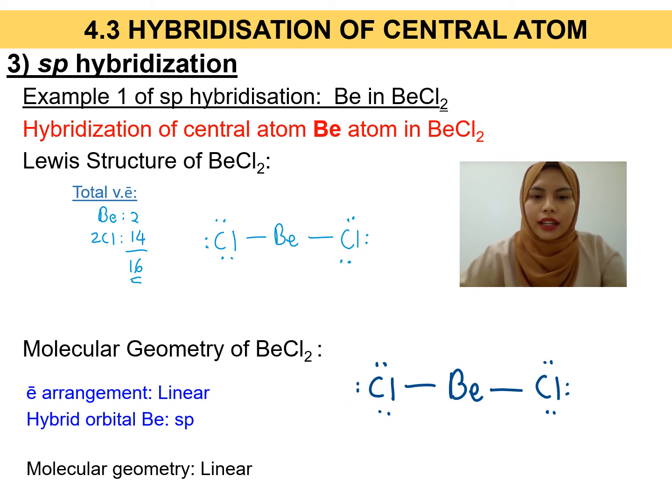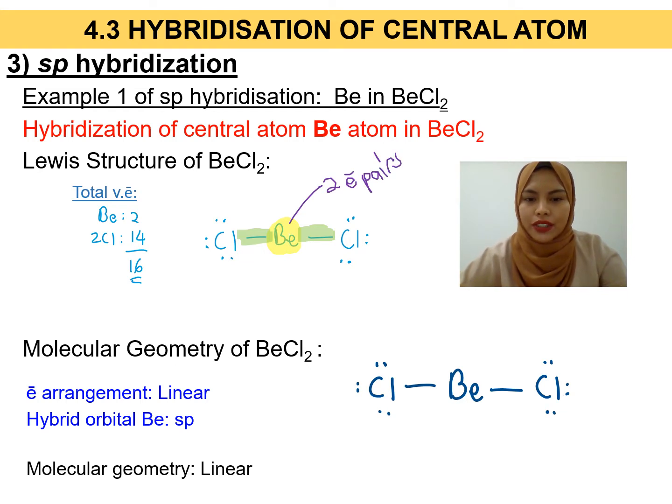After that, okay, you tahulah kan Be ni adalah central atom kan. So how many electron pairs at the central atom Be? Ada 1, 2. So, Be ada 2 electron pairs at the central atom. So, if let's say Be ada 2 electron pairs at the central atom, if you look at table yang Miss ada bagi tadi, the electron arrangement for the central atom ni adalah linear, okay, therefore the atom akan ada sp hybridization.